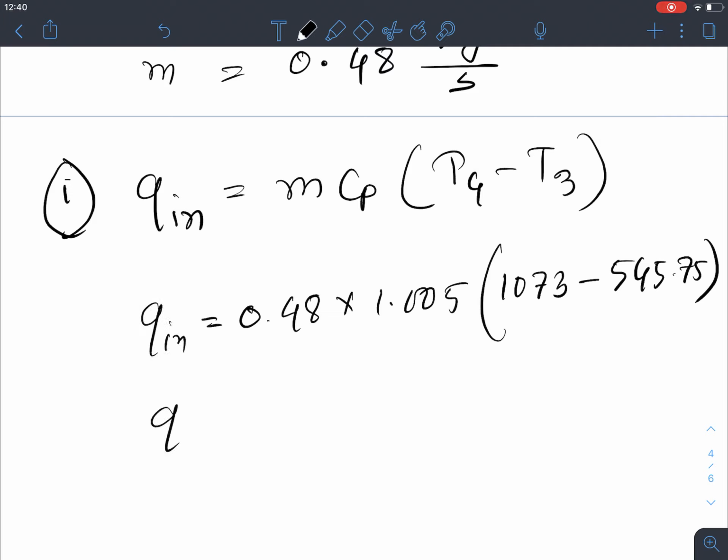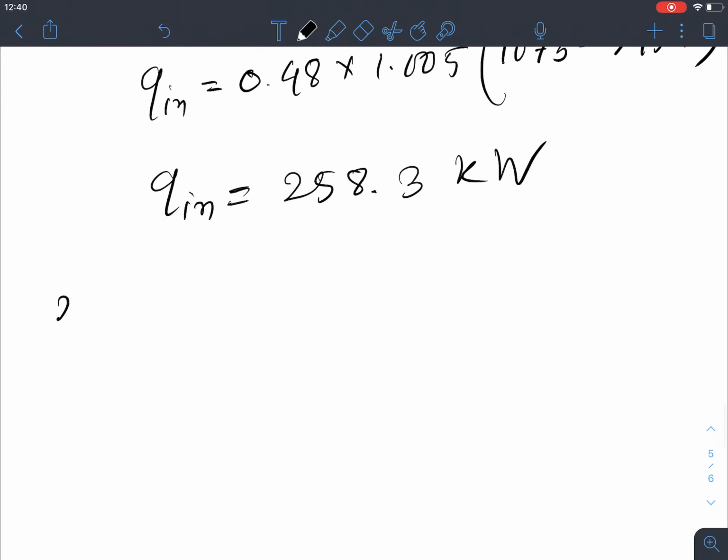So now this Q in will be expressed in terms of kilowatt, 258.3 kilowatt, right? So number 2 is asking us what is the Q out, or heat rejection, of that system.